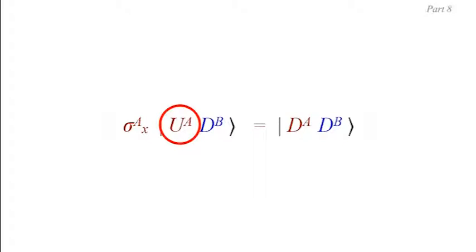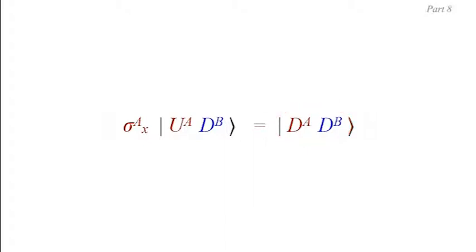As usual, this sigma X simply flips the up to down, but of course only for the A electron, and it leaves the B electron unaltered. The B electron stays as a down in this example. We then get the right answer for the new state, down, down.